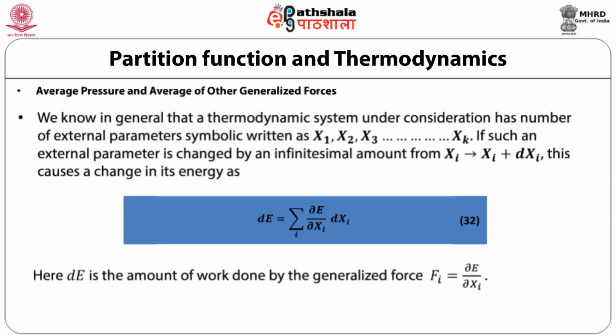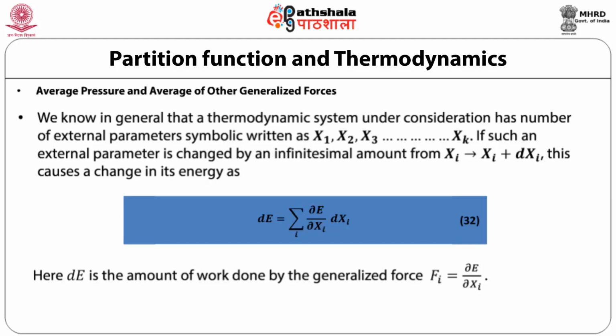Average pressure and average of other generalized forces. We know in general that a thermodynamic system under consideration has a number of external parameters, symbolically written as capital X1, X2, X3, and so on up to Xk. If such an external parameter is changed by an infinitesimal amount from xi to xi plus dxi, this causes a change in its energy as dE is equal to the summation over i of the partial derivative of E with respect to xi times dxi.